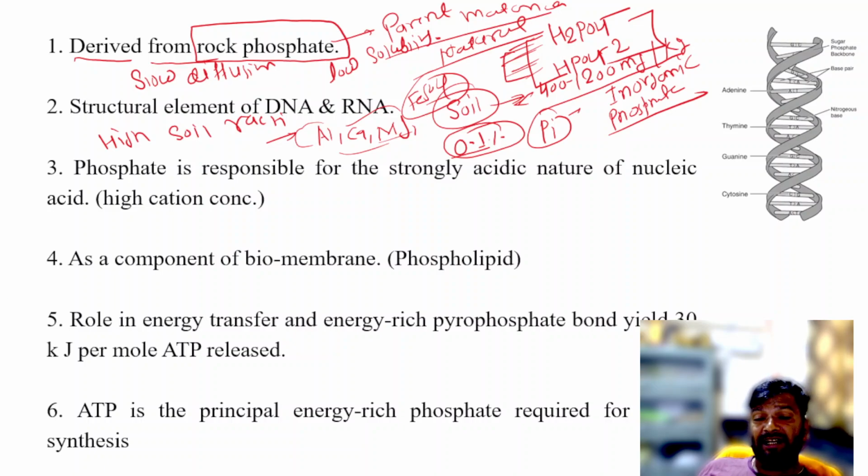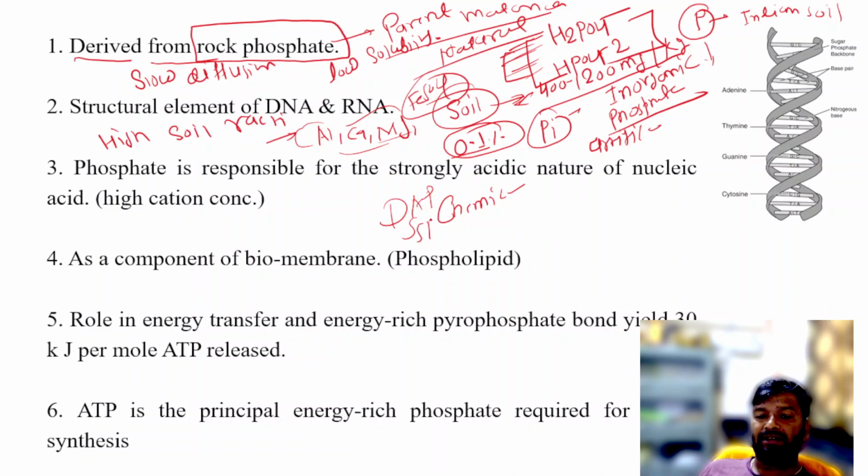That's why phosphorus deficiency is a major problem in Indian soil. So we need additional artificial or chemical fertilizers, like DAP, SSP.